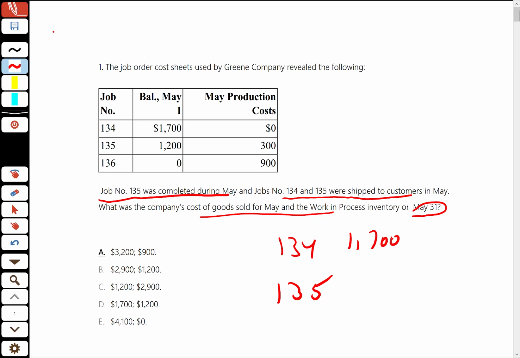They didn't add any more production cost in May, so that job was already done at the beginning of May, and they just so happened to ship it during May sometime, right? They may have shipped it May 2nd, whatever, okay?